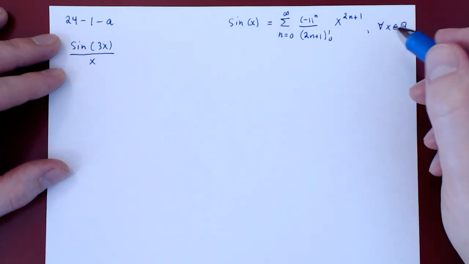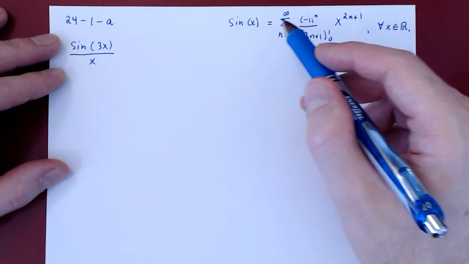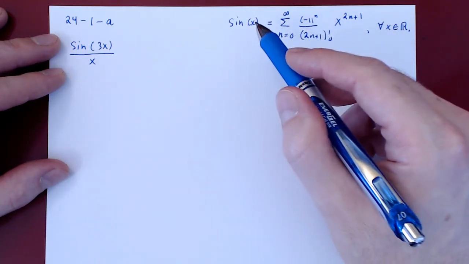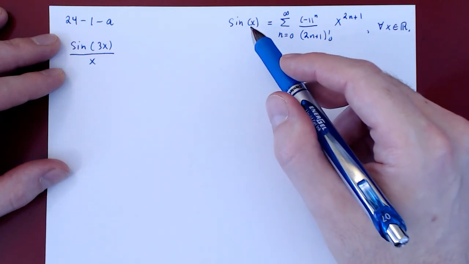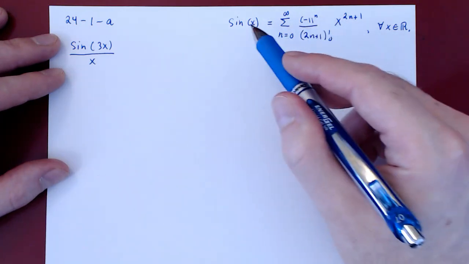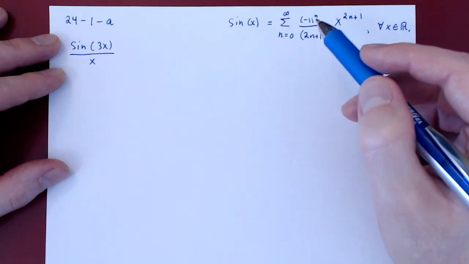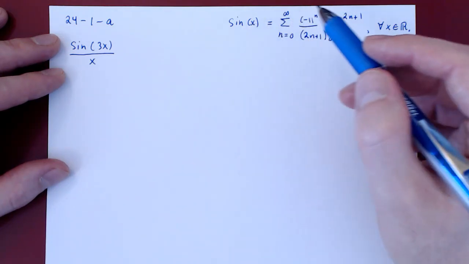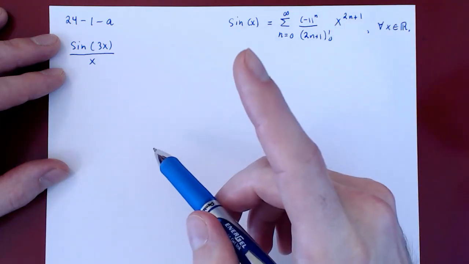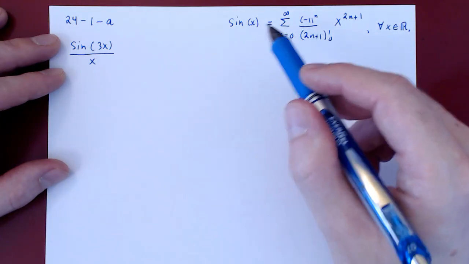Which tells us we can literally, in this equality, replace x by anything we want. Because the equality is valid for any choice of x, whatever we replace x by, the equality will remain valid. So we can replace x by any number of our choice, but also by any other algebraic expression.